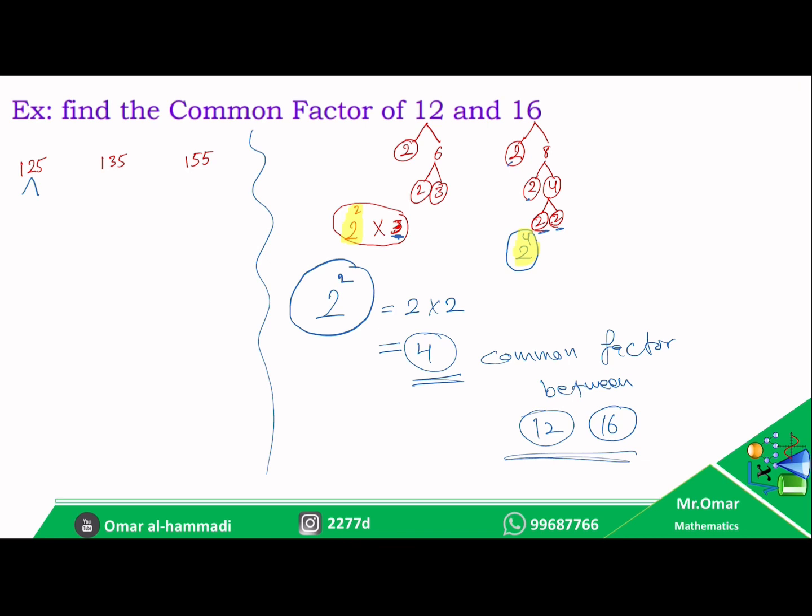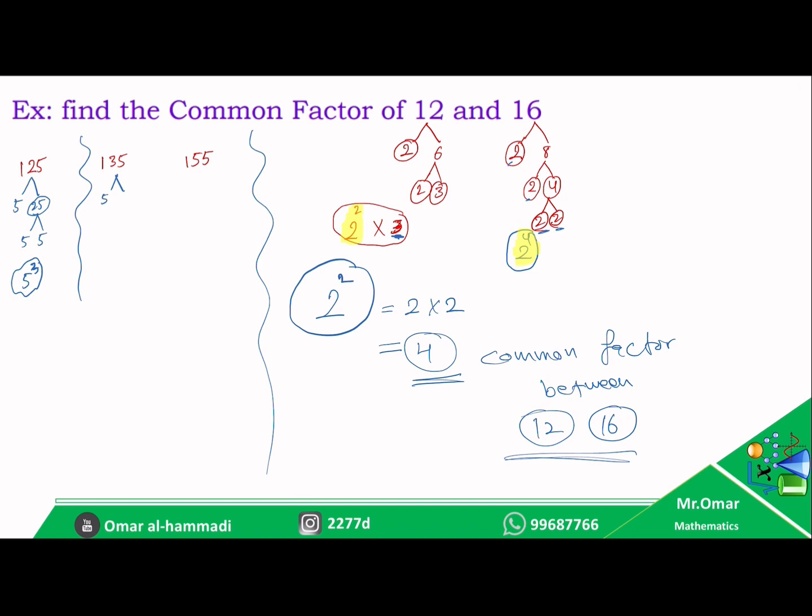It will be 5 multiplied by 25. 25, it's multiplied by what? 5 and 5. So how many 5s? 3 times. So 5 to the power 3. So this is the 125. And what about the 135? Divided by what? We will try by 5. 135 divided by 5 will give us what?